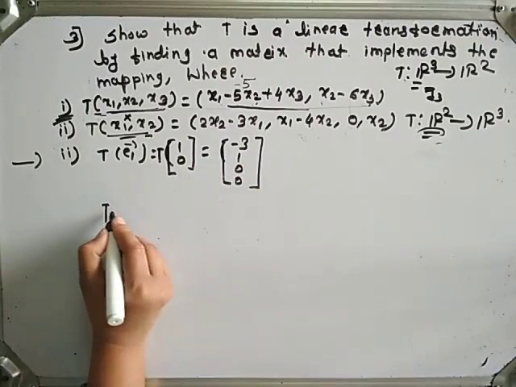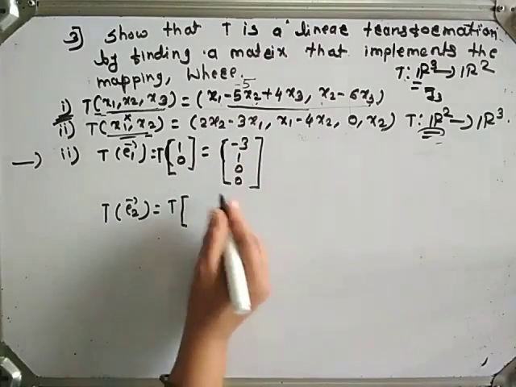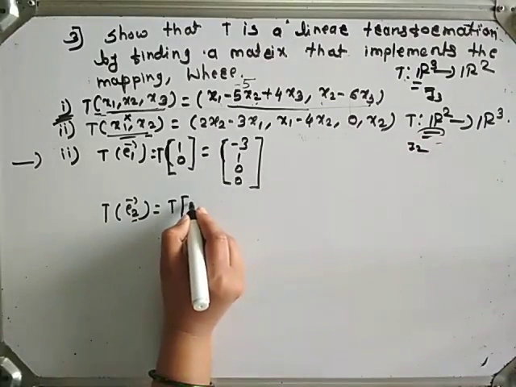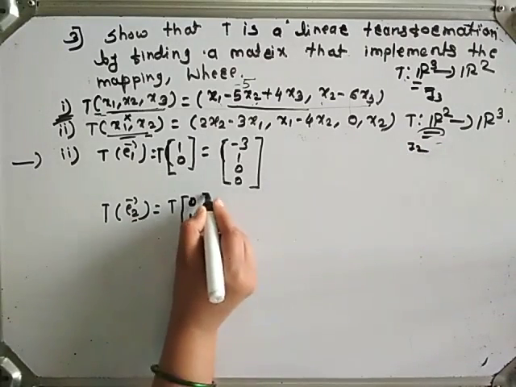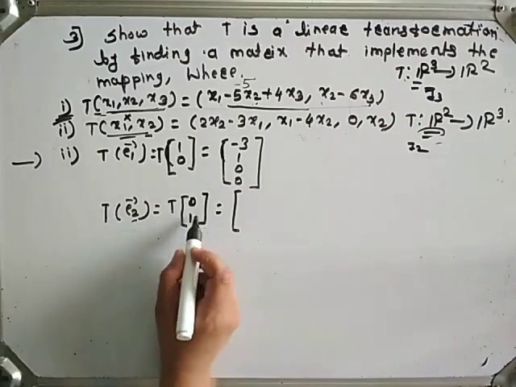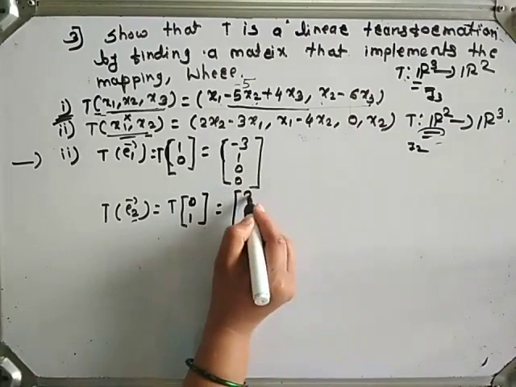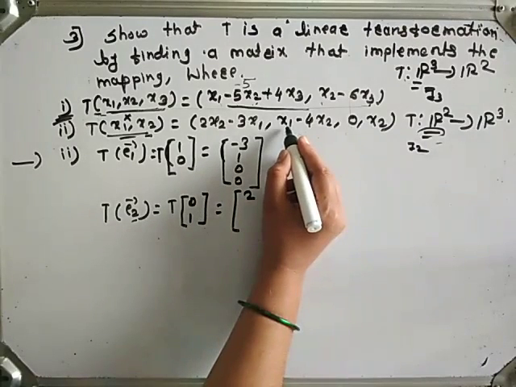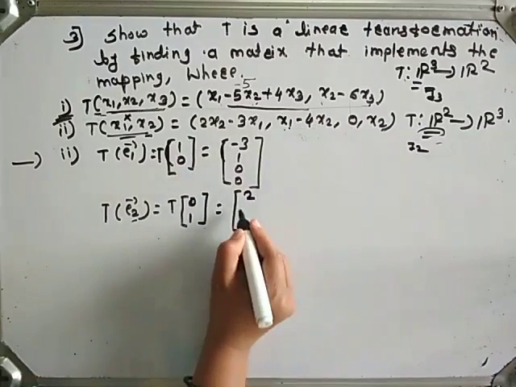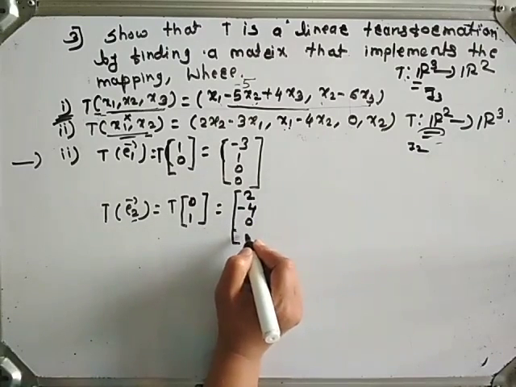T of E2 bar is the second column of matrix I2, which is (0, 1), which is equal to, put these values in this vector. You will get here x1 is 0, x2 is 1, so here is 2. Next is x1 is 0, minus 4 into x2, so here is minus 4. Next entry is 0 and next entry is 1.